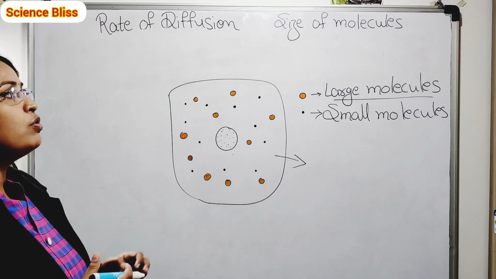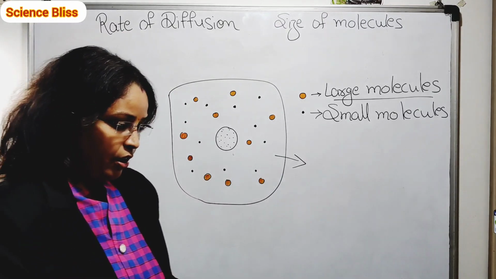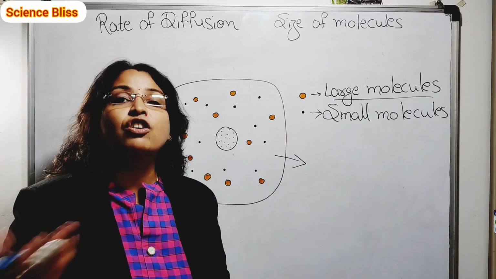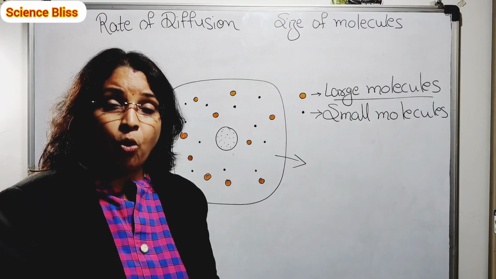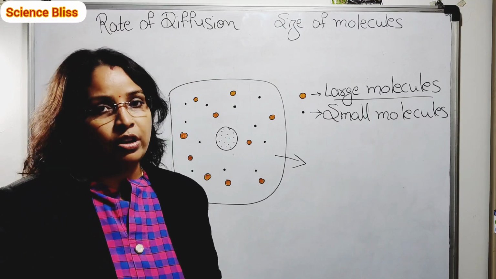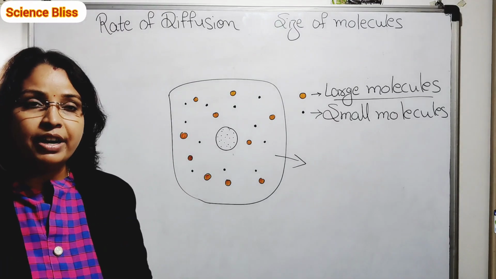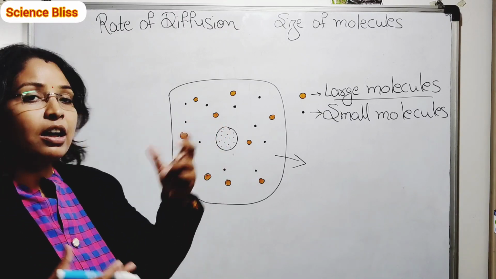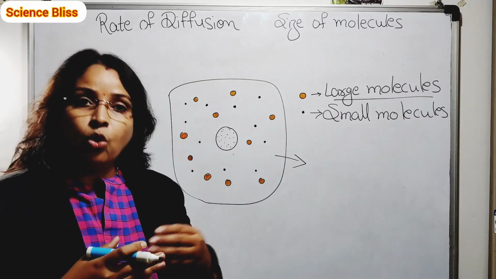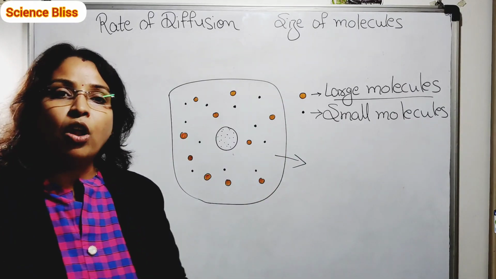Definitely, the diffusion is not only dependent upon the size of molecules, but also the nature of a molecule, whether it is polar, non-polar, and so on, and definitely the concentration gradient. But basically if we talk about the size, a larger molecule will diffuse slowly as compared to smaller molecules.